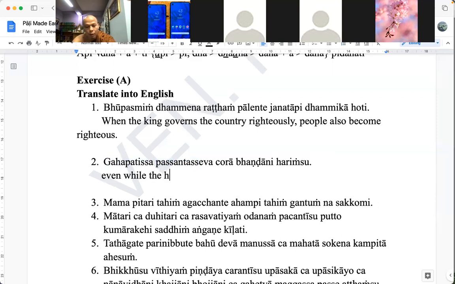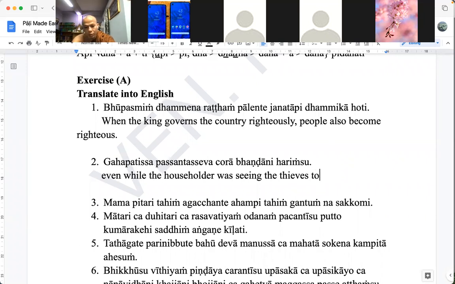Why the householder, so what see, so because maybe it is past tense, yeah, Harim, so that is right. Maybe 18 also, but because of the tense. So see in Jora, so the thieves.